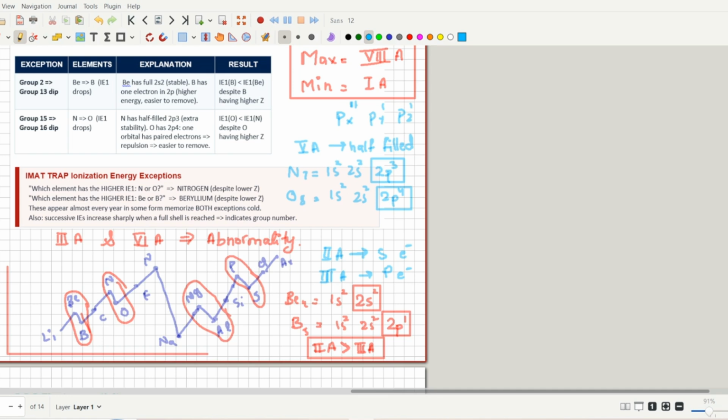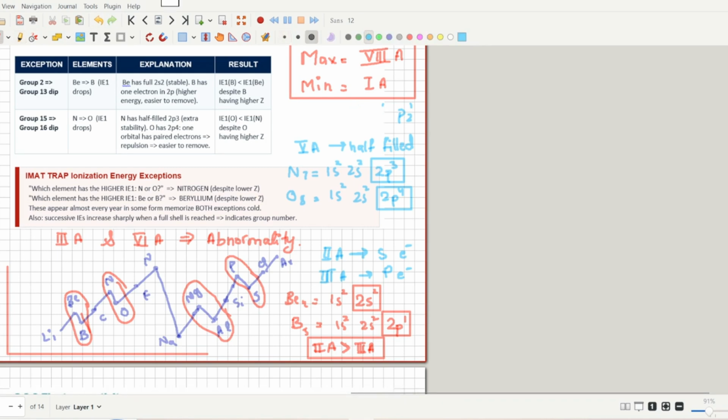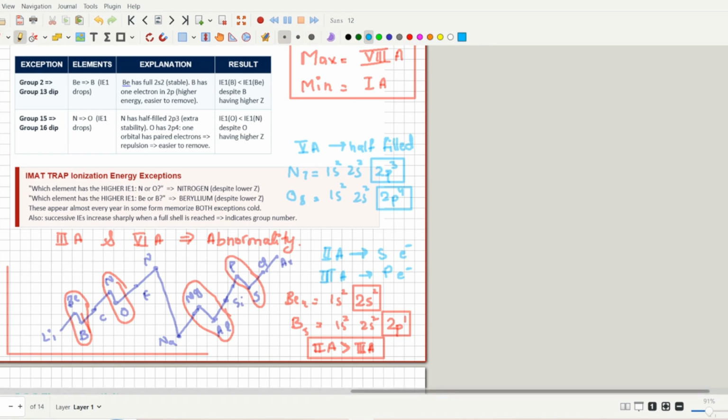Because of this paired electron, oxygen will have a less stable electronic configuration, while nitrogen will have a more stable electronic configuration. So this is the reason that 5A has more ionization energy than 6A elements.